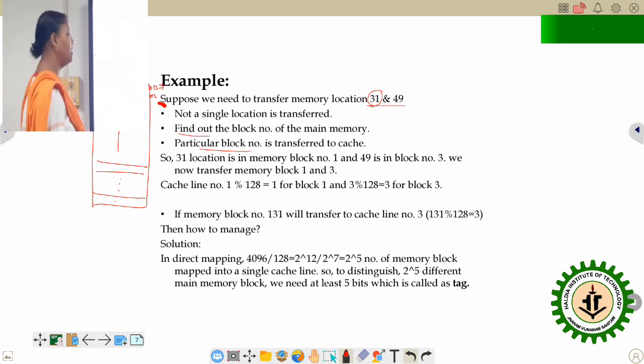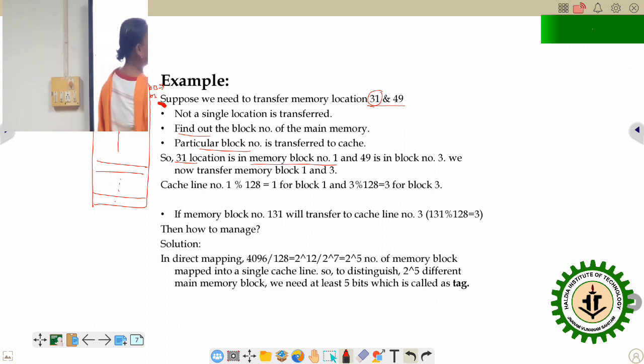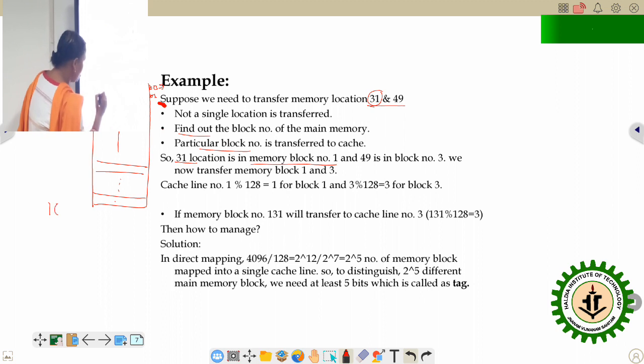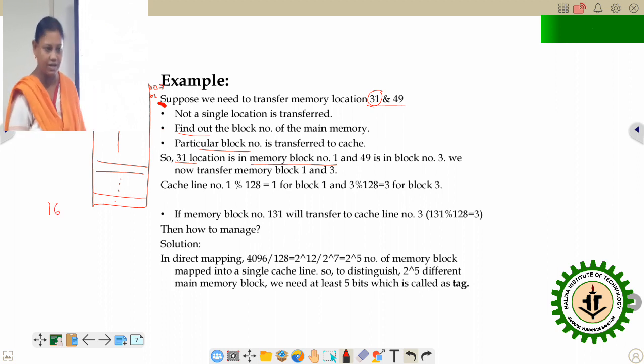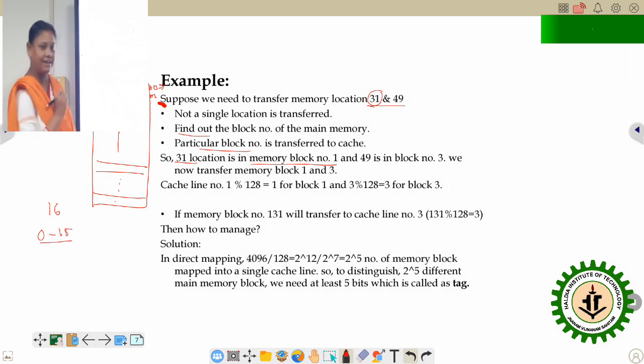So how to calculate? Location 31 is in memory block number 1. How to calculate? Each block consists of 16 locations. So 0 to 15, these 16 addresses are stored in block number 0.